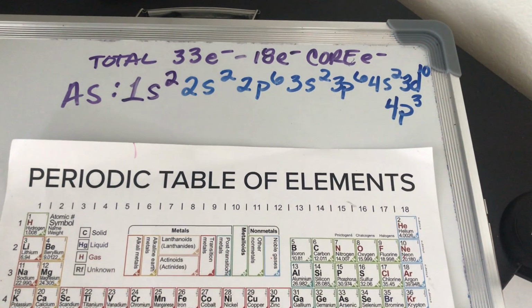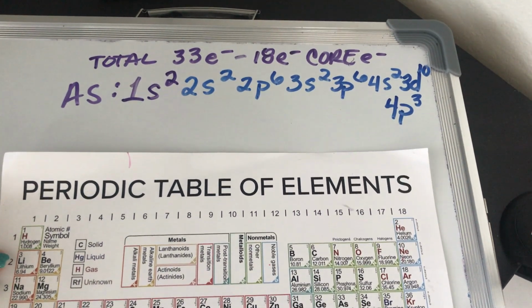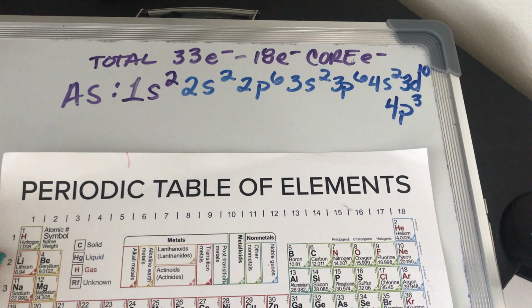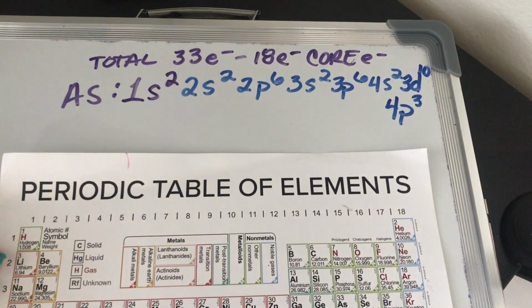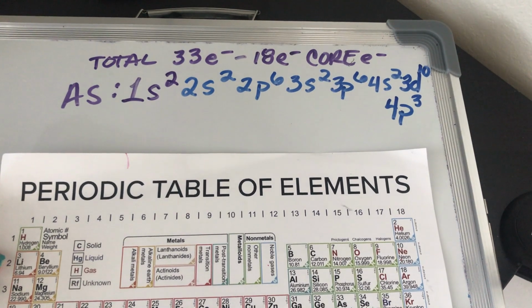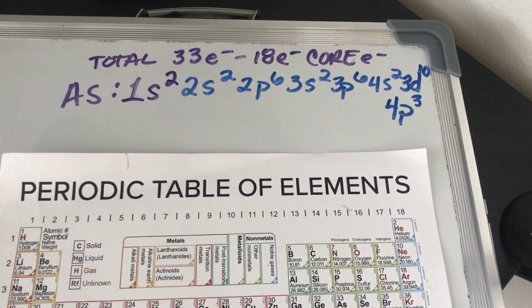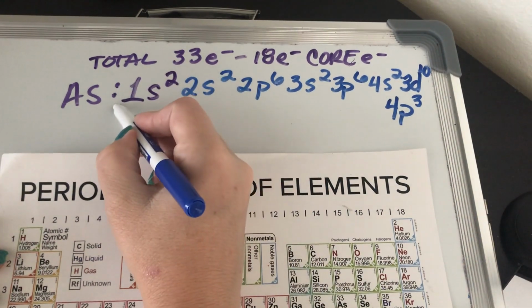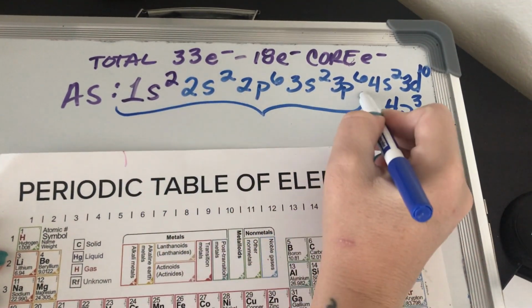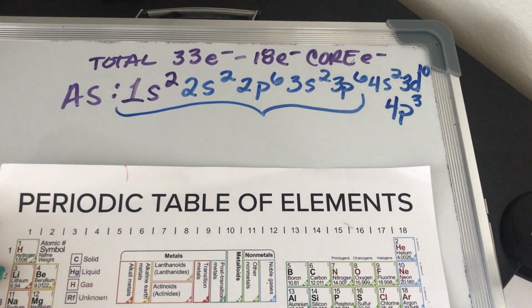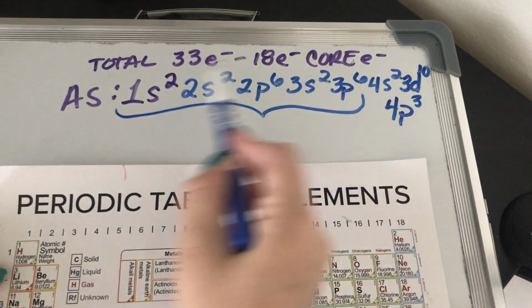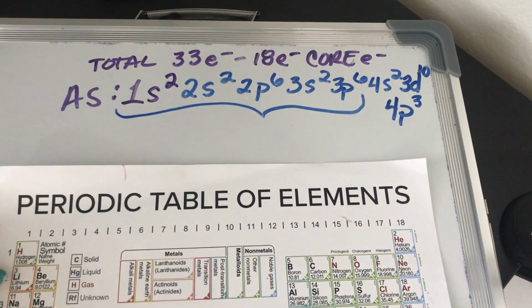Yes, thank you. Okay, so now we said we have 18 core electrons, right? What part of our electron configuration tells us about the core electrons? The fourth row. So everything before row 4. Yeah, exactly. And who do we say that electron configuration belongs to?